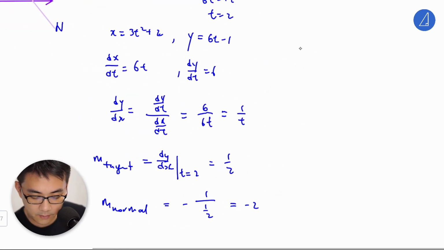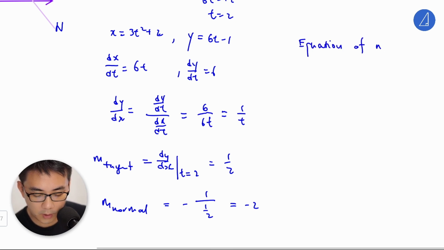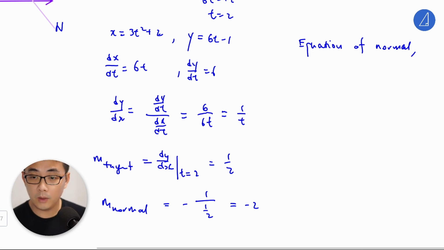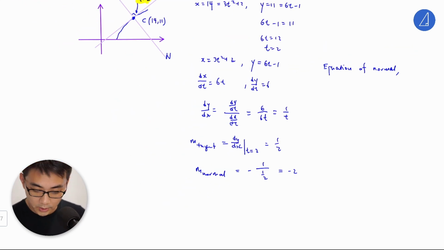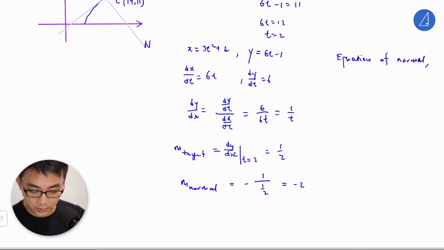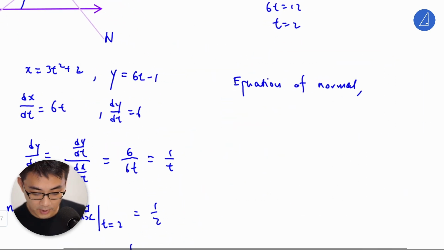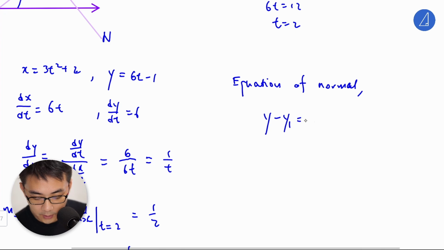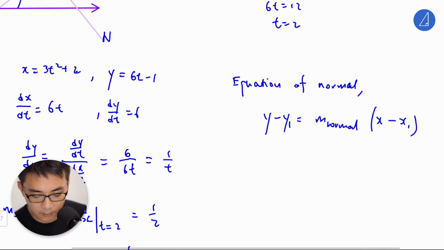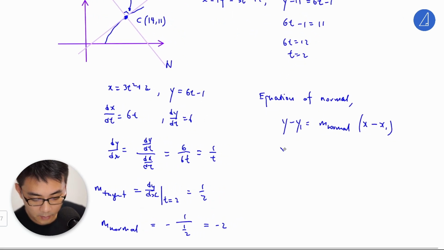We want the equation of the normal, the Cartesian equation. Cartesian equation just means y equals mx plus c. So this would be y minus y1 equals m normal times x minus x1. I prefer this equation here. So y1 would just be 11, m normal would be minus 2 here, and this is x minus 14.